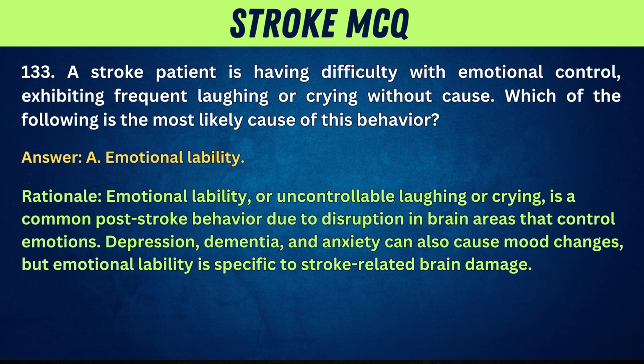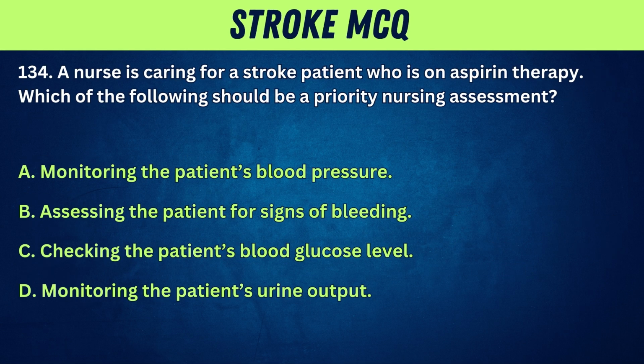Rationale: Emotional lability, or uncontrollable laughing or crying, is a common post-stroke behavior due to disruption in brain areas that control emotions. Depression, dementia, and anxiety can also cause mood changes, but emotional lability is specific to stroke-related brain damage.